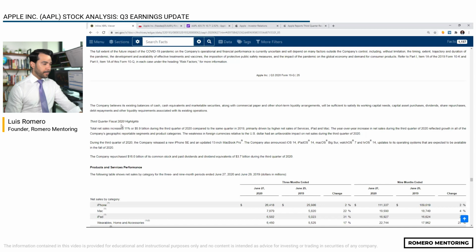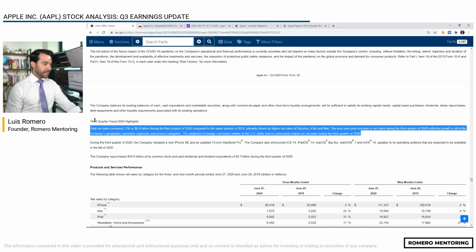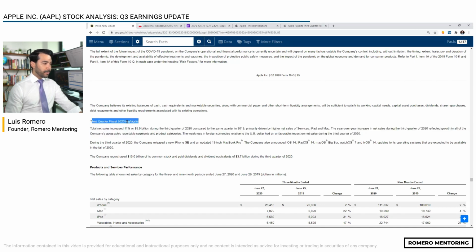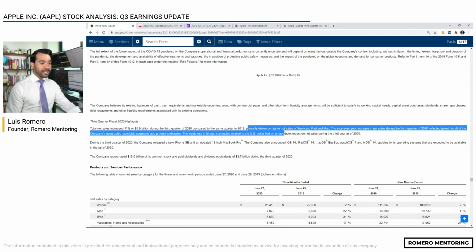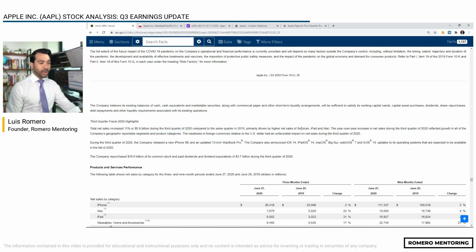But let's look at one pretty important sentence right here. So third quarter, fiscal 2020 highlight. The first sentence tells you what was driving revenue despite the coronavirus pandemic, despite the stay-at-home orders. And it says right here, total net sales increased 11% or $5.9 billion during the third quarter of 2020 compared to the same quarter in 2019, primarily driven by higher net sales of services, iPad, and Mac.